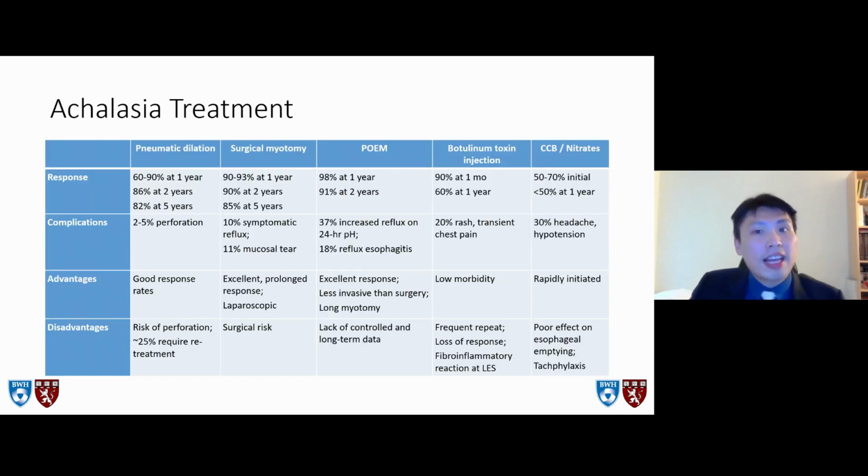In terms of treatment of achalasia, there are a few categories. The first includes pneumatic dilation, myotomy, which can be done surgically or through endoscopy, Botox injection to the lower esophageal sphincter, and using smooth muscle relaxants.